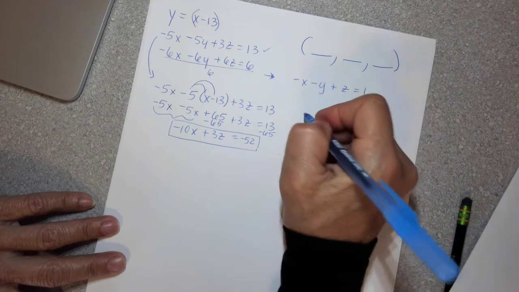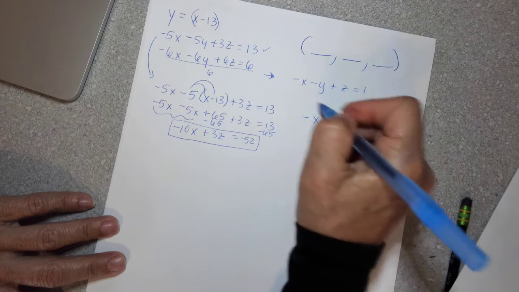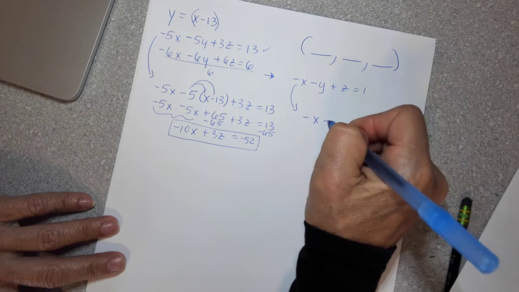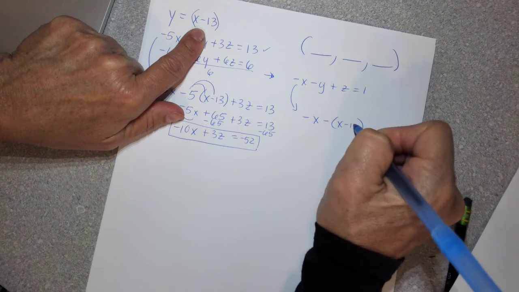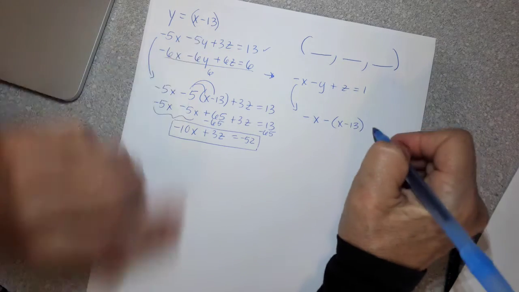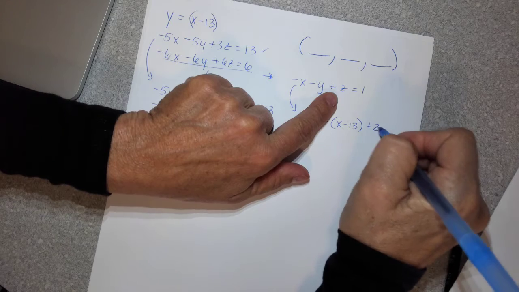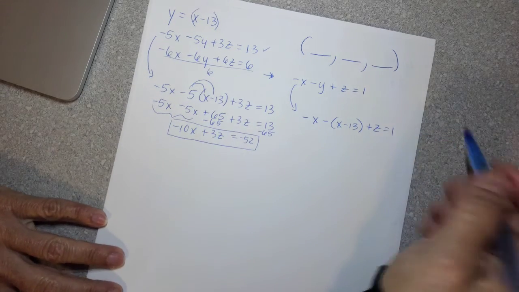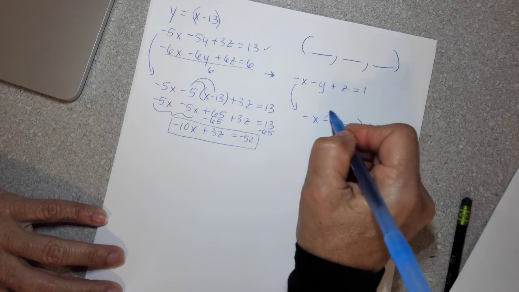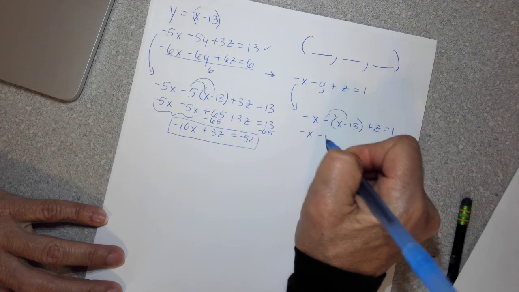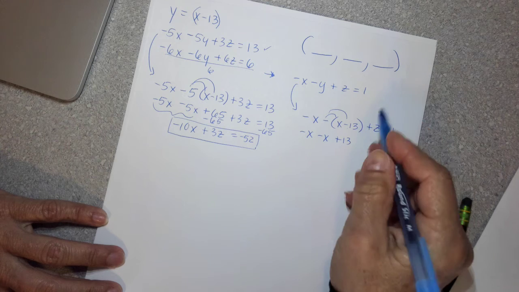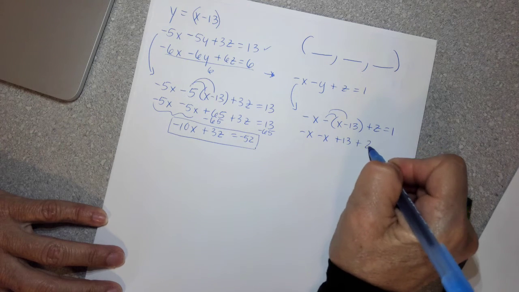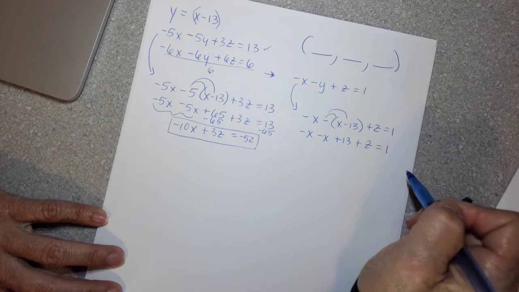All I did was divide that 6 out of each of those pieces. But I also know from the top that negative y, the y part can be replaced with x minus 13. Then I still have plus z equals 1. So distributing this negative, I'll have negative x minus x plus 13 because those negatives would cancel, and then plus z equals 1.